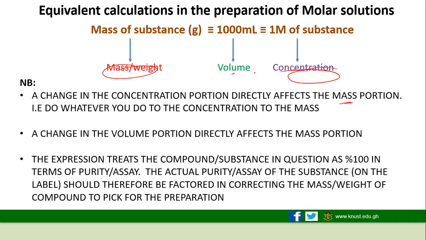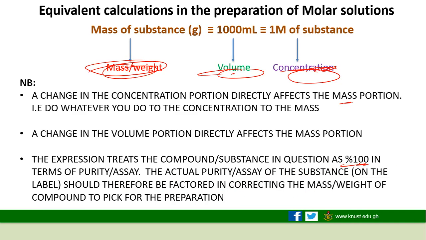If you change the volume section here, it will also affect the mass, but the concentration will not be affected. Good. Then I said the expression treats the compound in the question as 100% in terms of purity. The actual purity of a substance should therefore be factored in for correction.